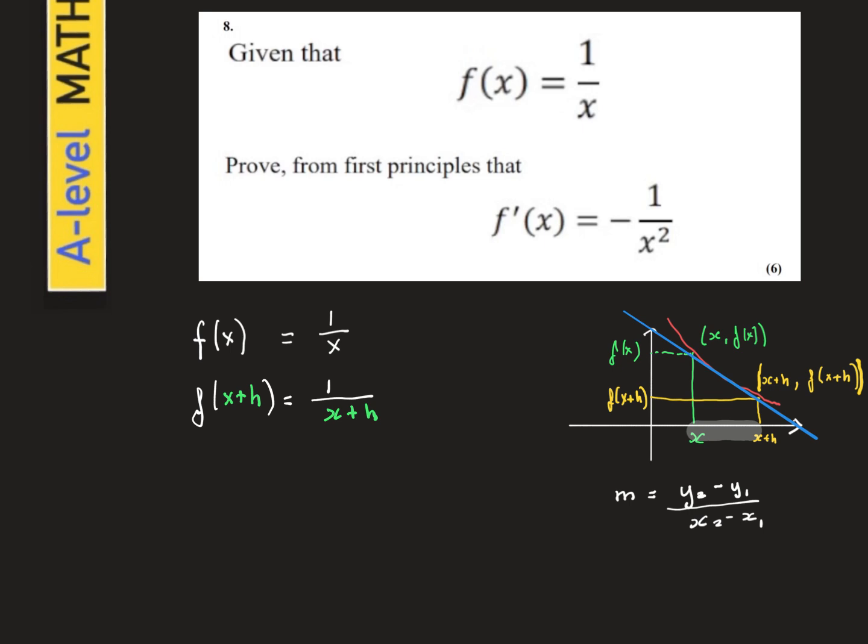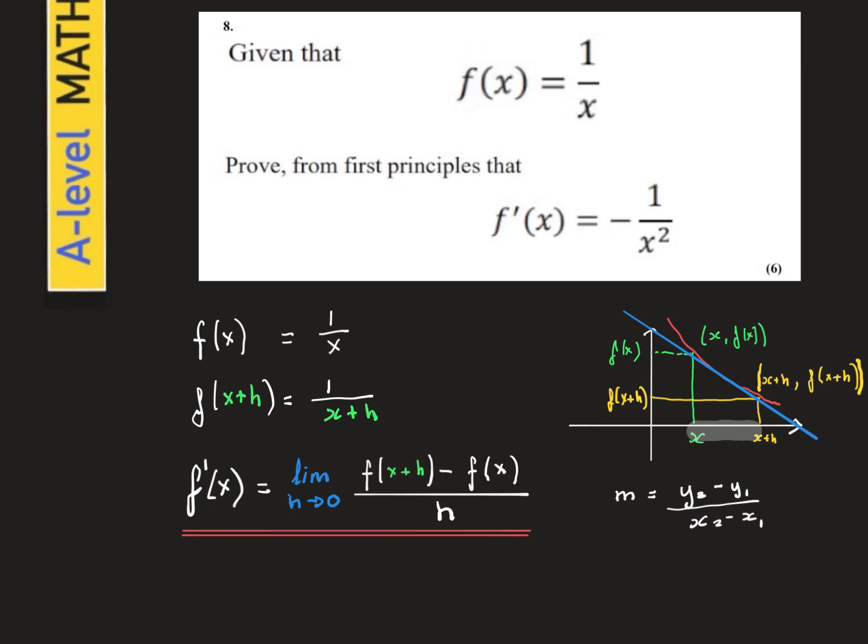And so to find the derivative function, which we'll denote as f dash x, we're going to have to decrease that h value to 0. So as these 2 points come closer and closer together, we get this formula, which is critical. And now we'll substitute the 2 functions into that formula.